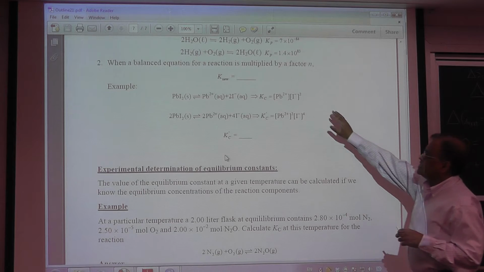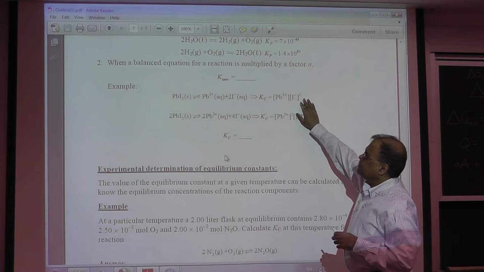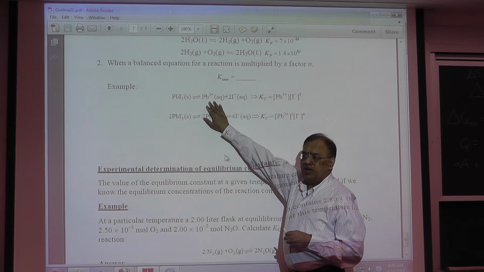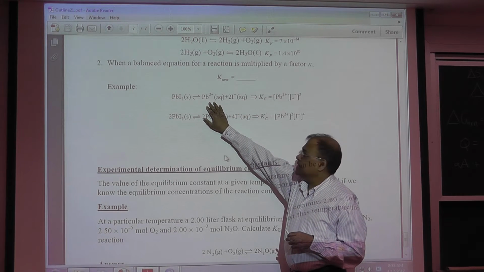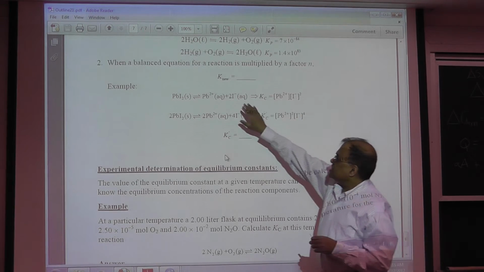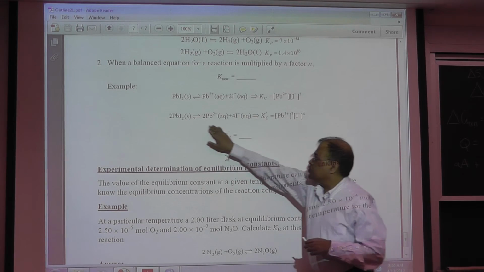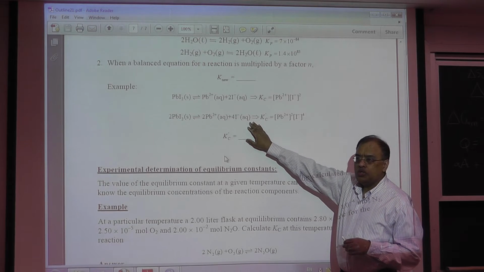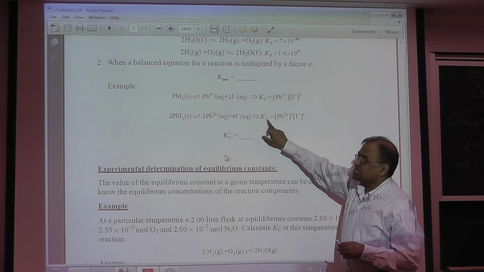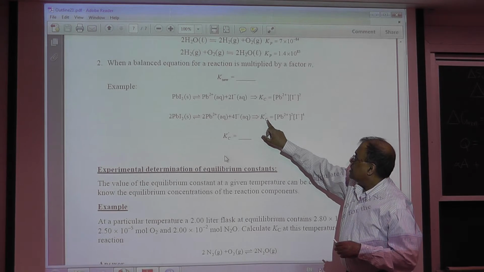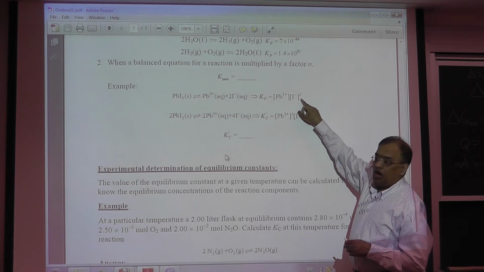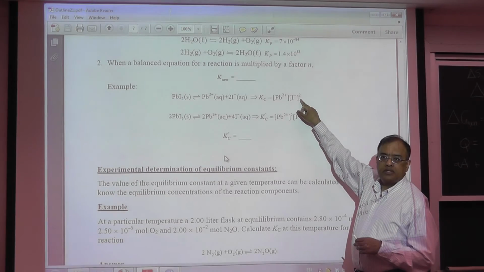So let's look at this equation here. Here is the process for dissolving lead iodide in water. The equilibrium constant is this. We take this same equation and we multiply it throughout by a factor of 2. If we do that, the new equilibrium constant is going to be the square of the previous equilibrium constant.